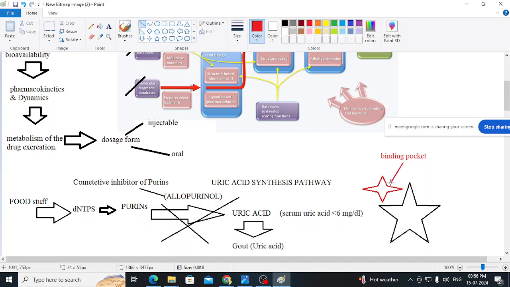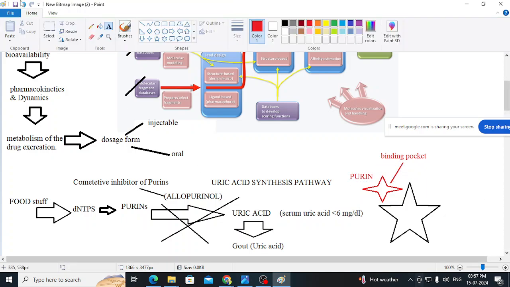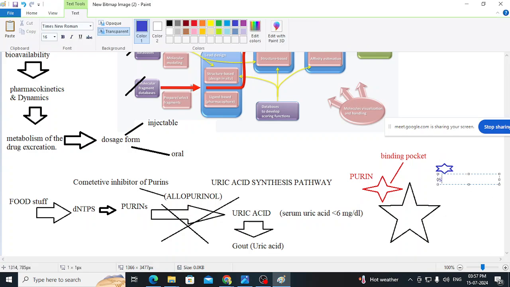Now this binding pocket can accommodate this structure, which is the purine structure. So what we did, we identified a structural analog and we substitute the purine with this, which has some structural analogy.